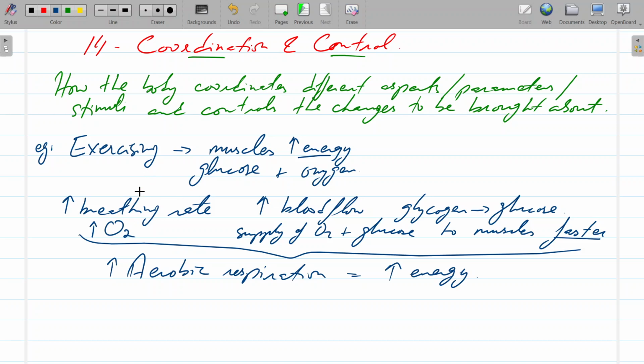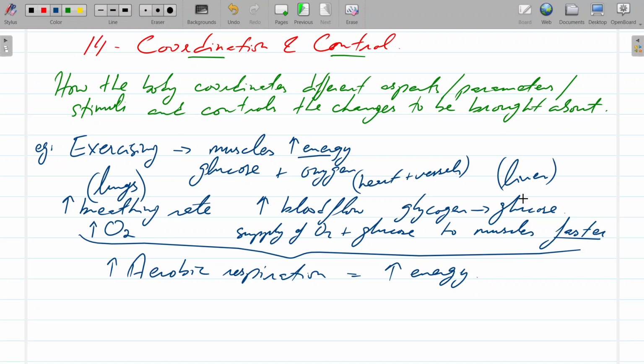Now, this coordination: breathing is done in the lungs, blood flow is related to the heart and the vessels, and glycogen is primarily stored in the liver. There is also a store of glucose within the muscles themselves.